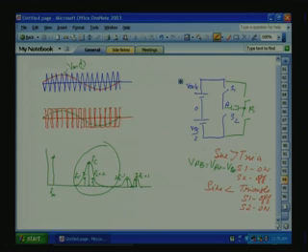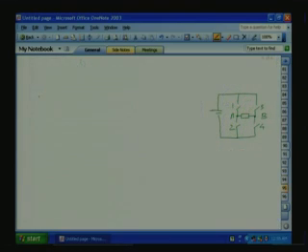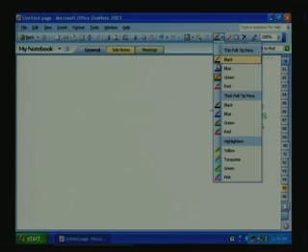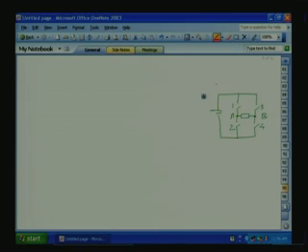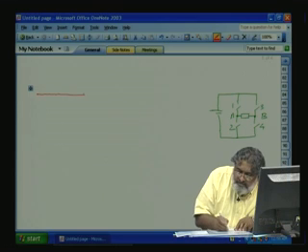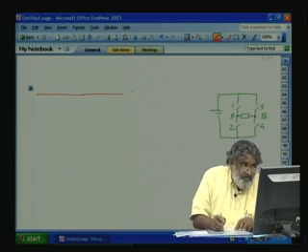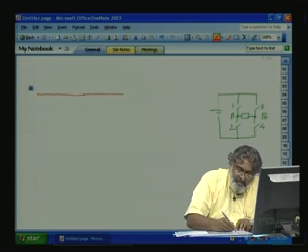So let us go to our figure here. Again, let us draw our sine triangle. We will go to a different color. This is our x axis. Okay. Again, this is our triangle waveform.